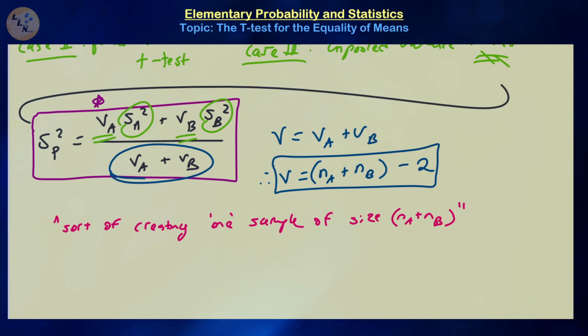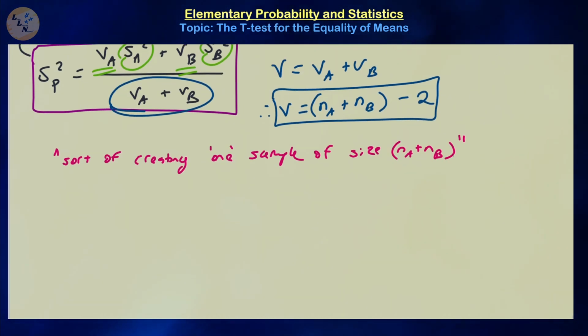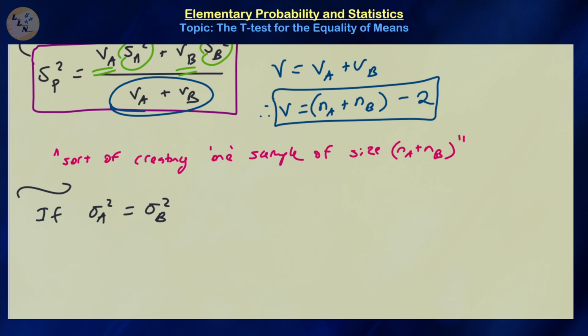So we're creating one sample and deciding whether that is appropriate or not. Because we're assuming that the variances between them are equal, which is the assumption of this whole pooled variance t-test, let's just call these variances one number. Let's call it sigma squared.